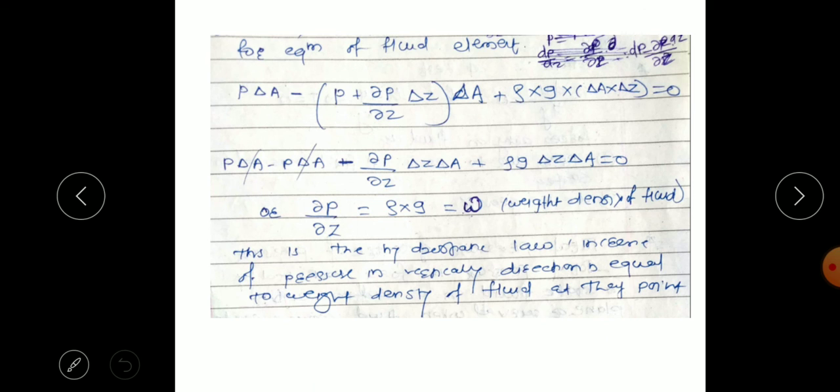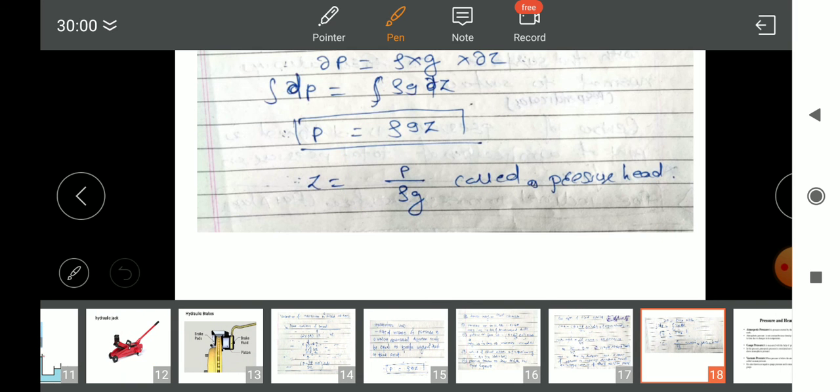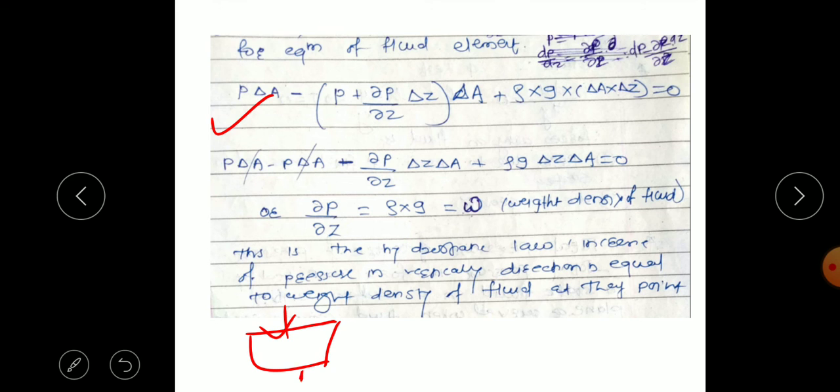Again resolving the forces, we can consider that the horizontal forces balance each other. So the vertical forces are P delta A on the upper face, and on the bottom face the force is P plus delta P by delta Z into delta A, and next is the weight of the fluid element.